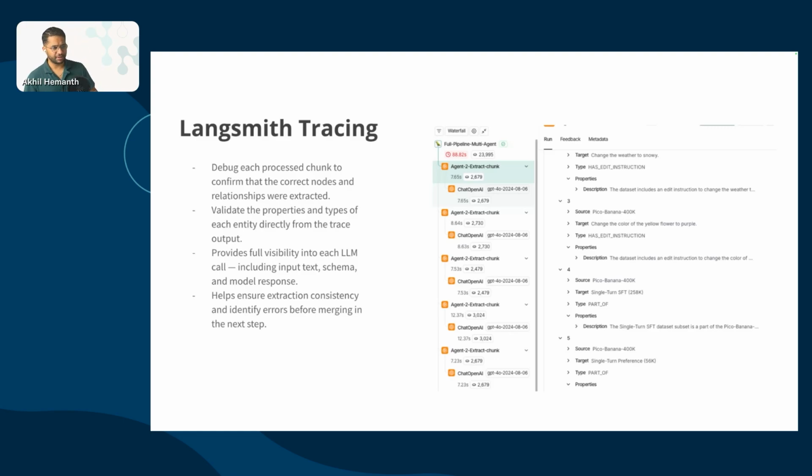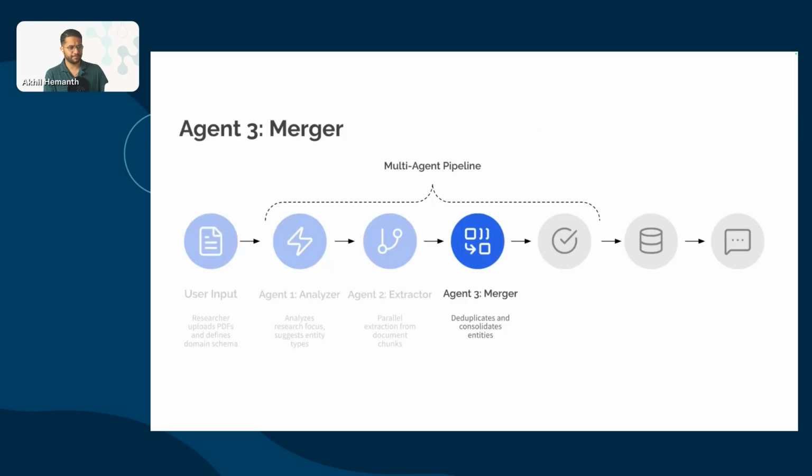As you can tell in the image, we're looking at relationships in this case. And so you have the source, you have the target, you have the relationship type, and you have a little bit of a description to give us the context of what this whole entity and relationship was.